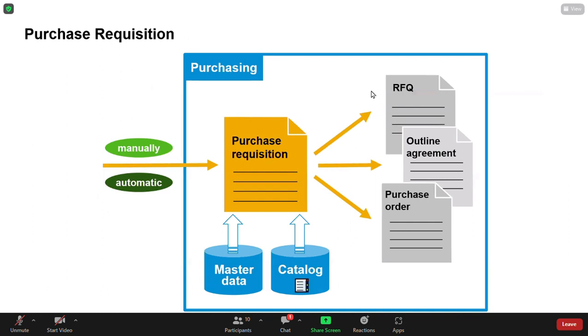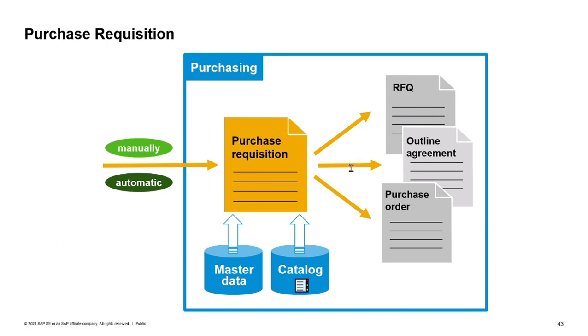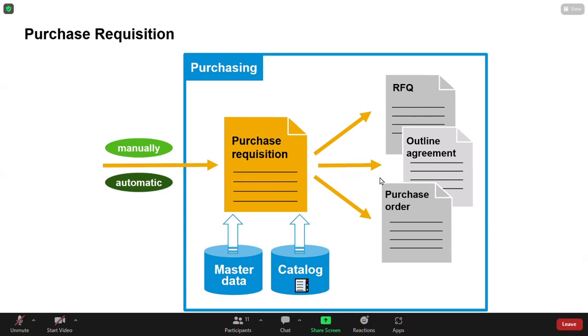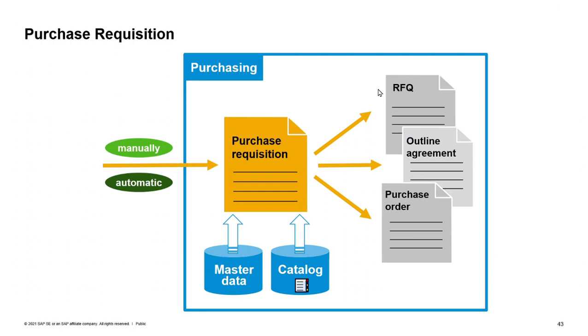Now, oh, here's a question. For stock material, do we have an account assignment category? When you have stock material, you don't have to provide an account assignment category because it's predefined. It doesn't need to be entered.